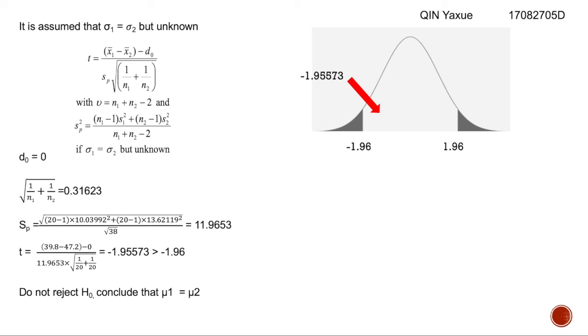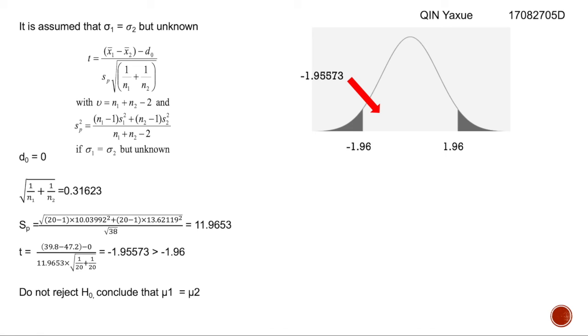We assume that sigma 1 is equal to sigma 2, but we don't know the value of them, so we can use this formula. We know that T0 is equal to 0. We know the mean of buyers and non-buyers, and the sample size and the sample standard deviation.